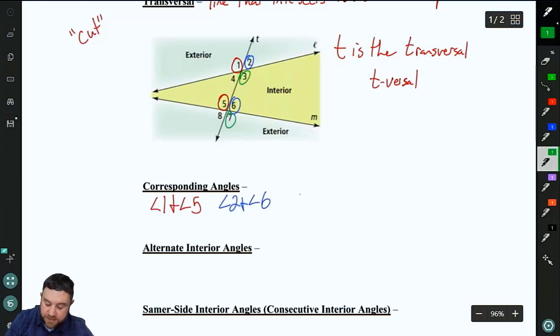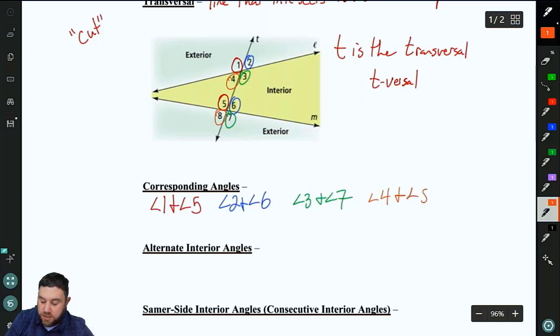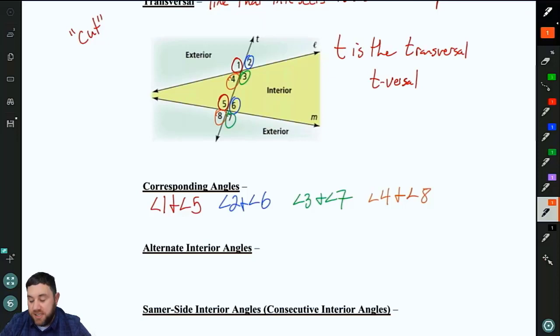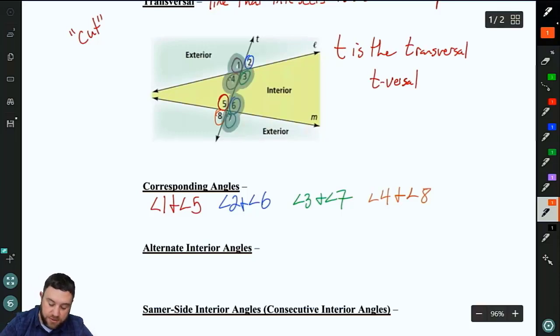We've got 3 and 7, and then finally we've got 4 and 8 are corresponding angles. So when you have two lines cut by a transversal, you end up with 4 sets of corresponding angles. Now the numbers won't always be the same as these, so you need to make sure you understand how to find the angles, which ones go together, not try to memorize the pairs using the numbers.